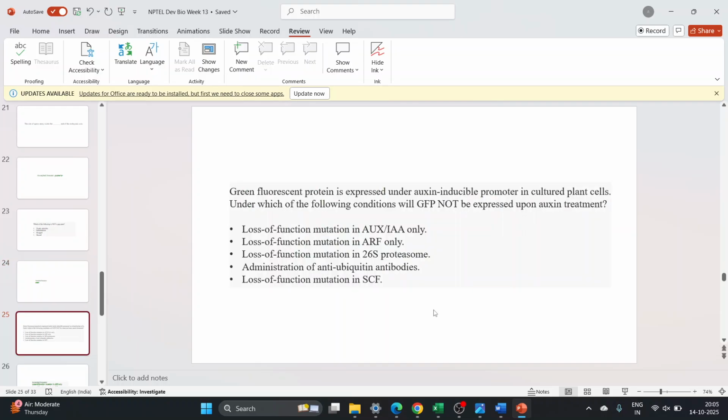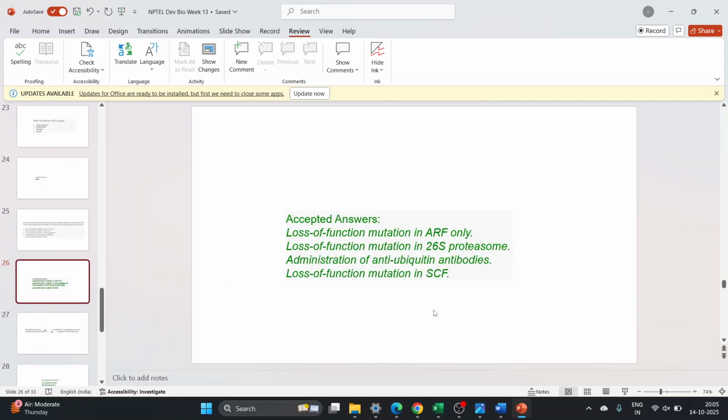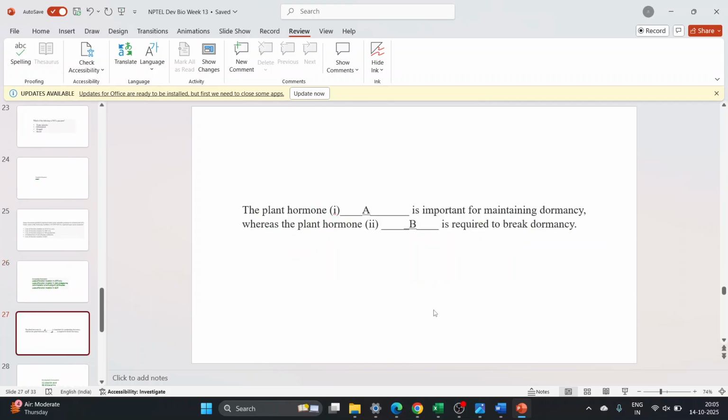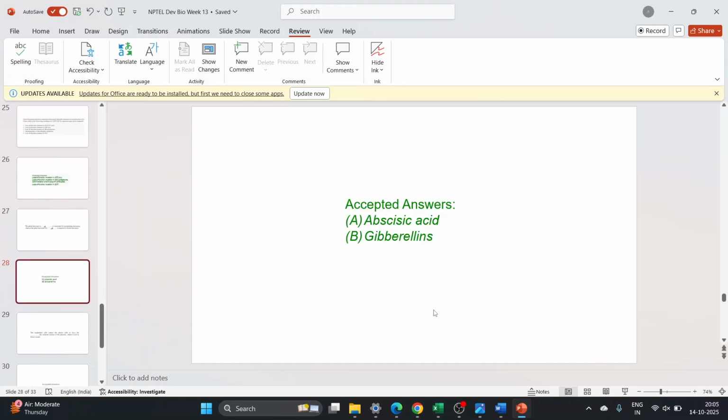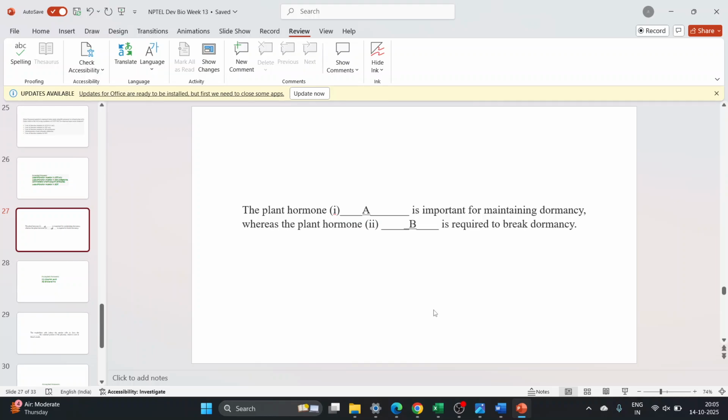Then we went ahead with plant developmental biology, where we discussed the auxin pathway and how auxin and ARF play a role in it. And then we discussed the hormones, which hormone is required for maintaining dormancy and which hormone is required for breaking dormancy. So abscisic acid is required for maintaining the dormancy and gibberellins are required for breaking the dormancy.